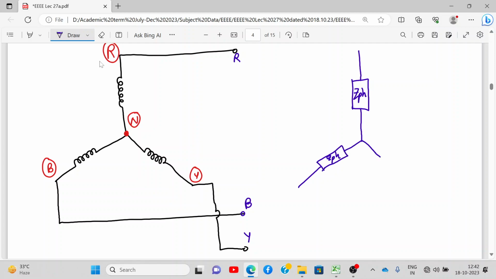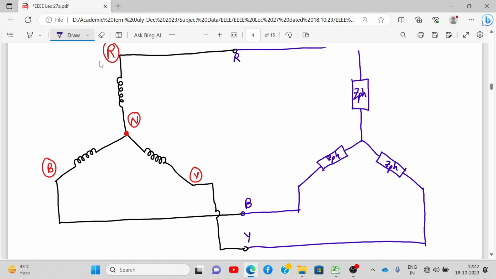Z phase, all the things should be same. Z phase. This will be going to B. This will go to Y. And this will go to R.